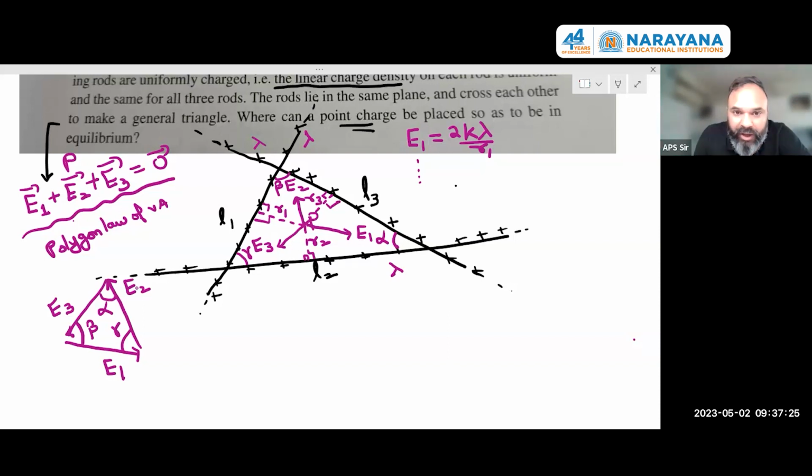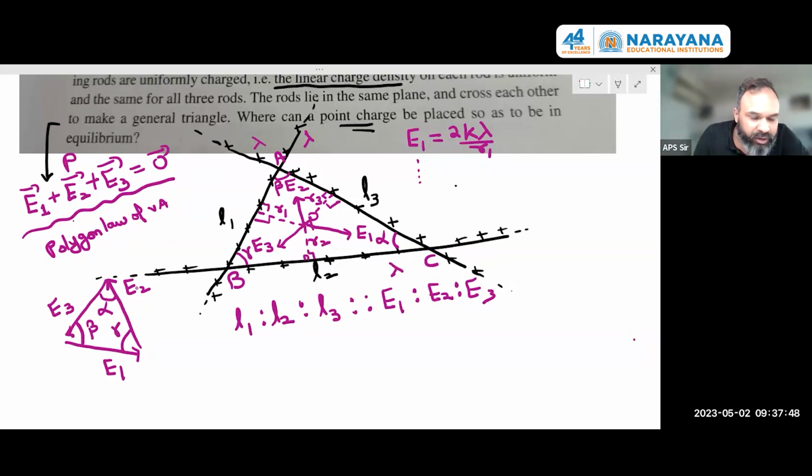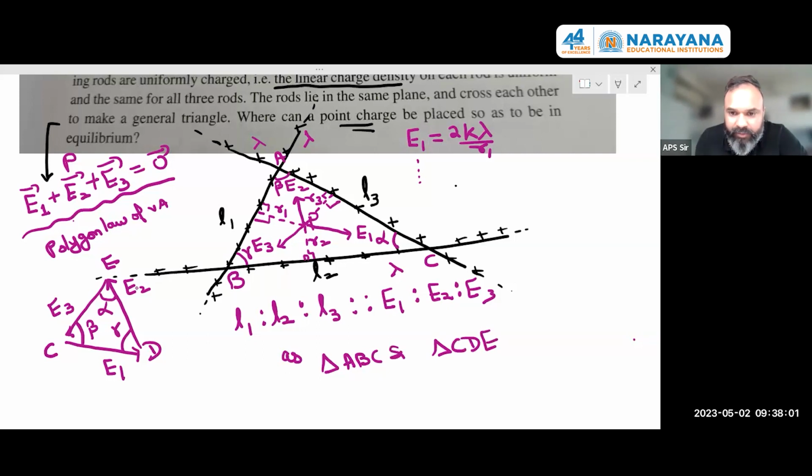So by similarity of triangles, I can say alpha, L1 is to beta, L2 is to gamma, L3 should be equal to E1 is to E2 is to E3, because the triangle ABC and corresponding sides A, beta, so call it C, B was gamma, call it D, and E. I'm writing this as triangle ABC and triangle CDE are similar.